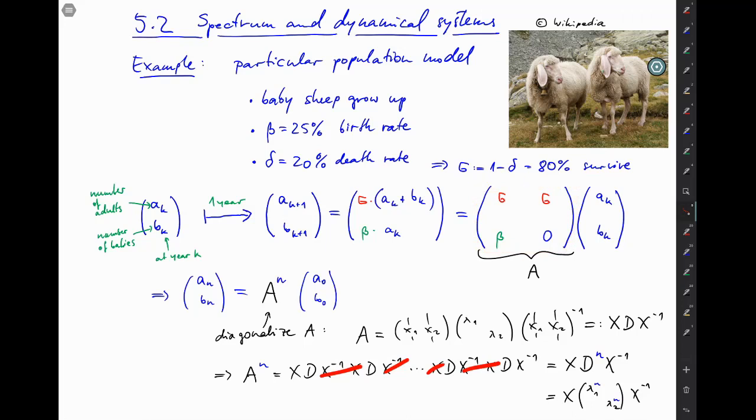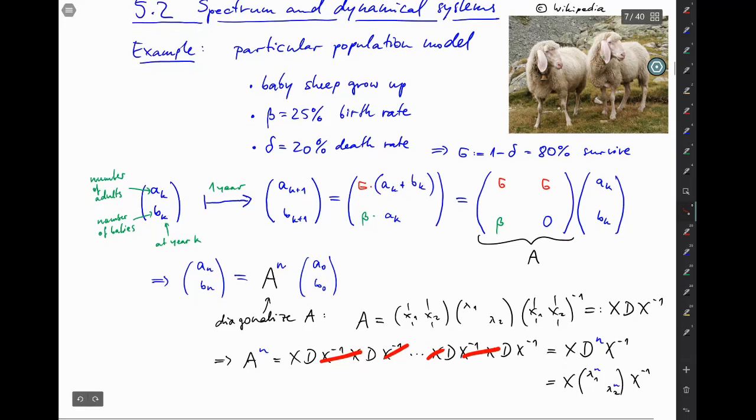Well, in our particular case here, where we chose beta and sigma to be 25% and 80%, our two eigenvalues turn out to be 1 and minus 0.2. So the spectral radius, the modulus of the larger, is 1. So this means we are moderately successful. So the size of our population is going to stabilize at some point and not grow and not fall from there very much.